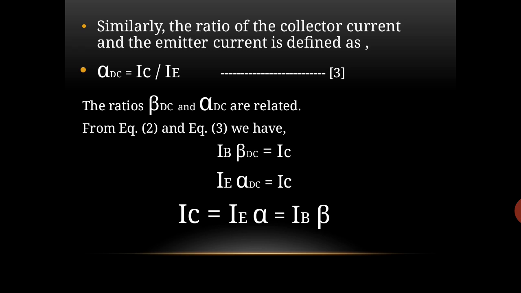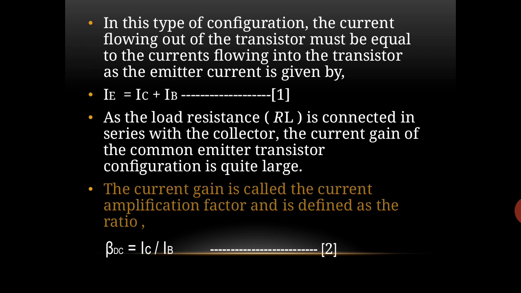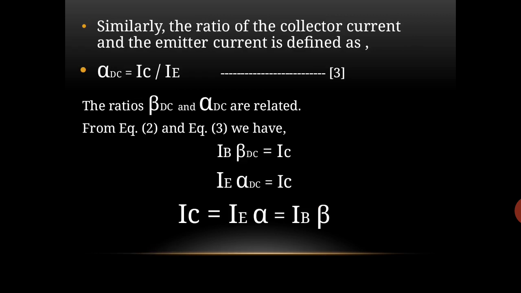So, from equation 2 and equation 3, we can say that IC is common in both equations, as you can see. See equation number 2 again. Beta is equal to IC upon IB, and here alpha is equal to IC upon IE. Now we can equate these equations. IC is equal to IE alpha and IB beta.